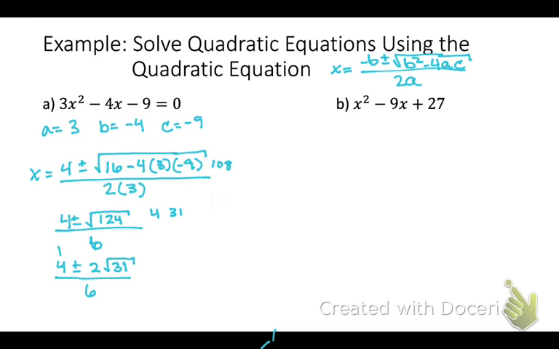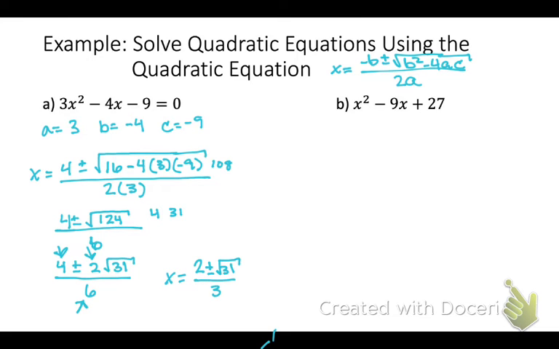Now, if something goes into every single thing after you factored, you can reduce. So what goes into 4, 2, and 6? 2. So x equals 2 plus or minus the square root of 31 over 3.